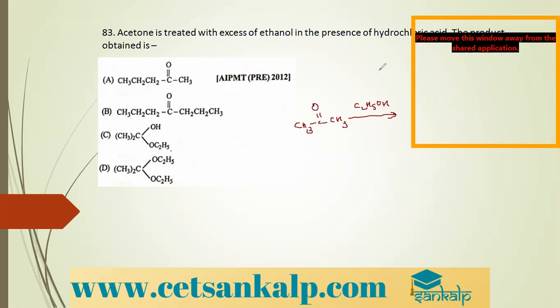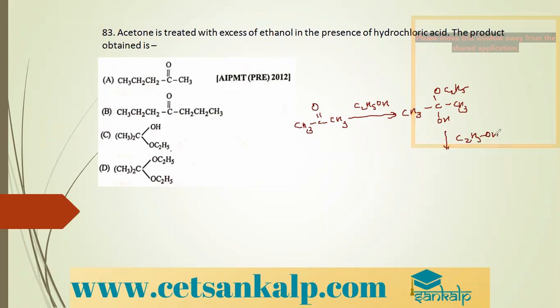So what do we get? We get CH3 C with OH, CH3 remains as it is, and here OC2H5. Excess, so again I'll take C2H5OH. What do I get? CH3 and CH3 remain as they are, OH gets converted to OC2H5, and here OC2H5 remains as it is.